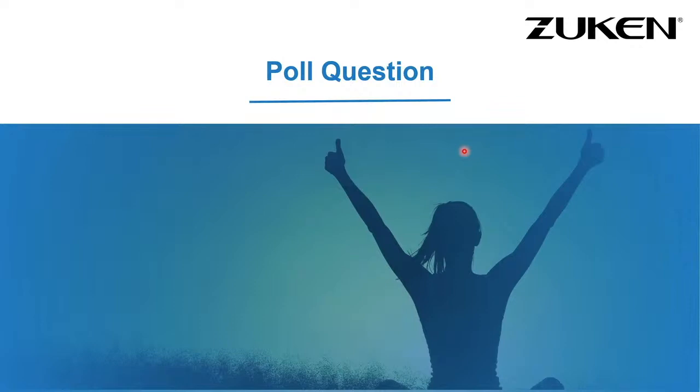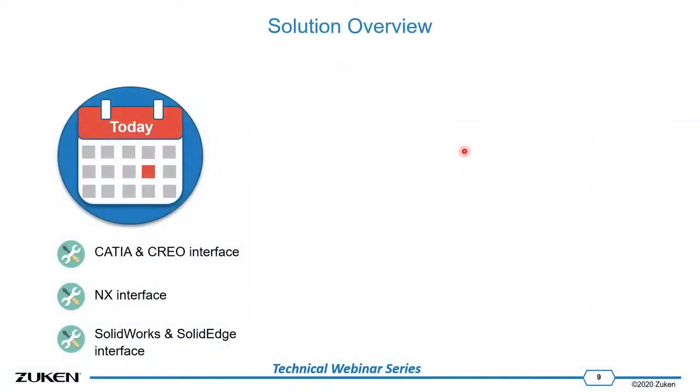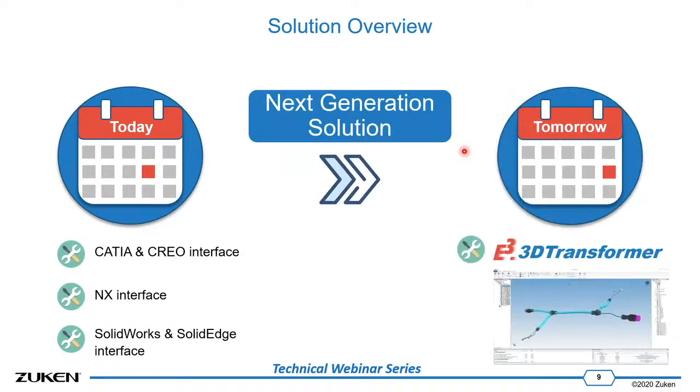All right, thanks for the poll question and responses. Just to reiterate, in today's challenges, we have these interfaces of Creo, NX, and SolidWorks. Having said that, what we're going to be reviewing today is this next generation solution, the E3 3D Transformer. It offers a single tool that supports a wide variety of file formats, and it acts as the missing link between your schematics and your MCAD engineer.